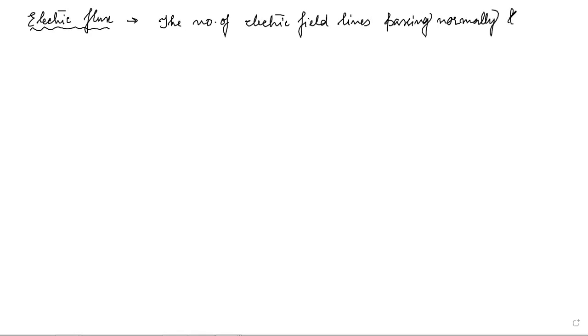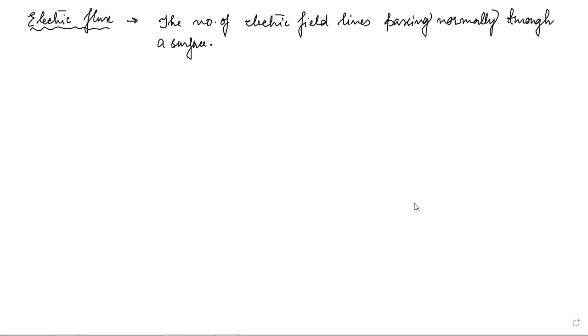It is defined as the number of electric field lines passing normally through a surface. It is the count of the electric field lines passing normally through a surface.